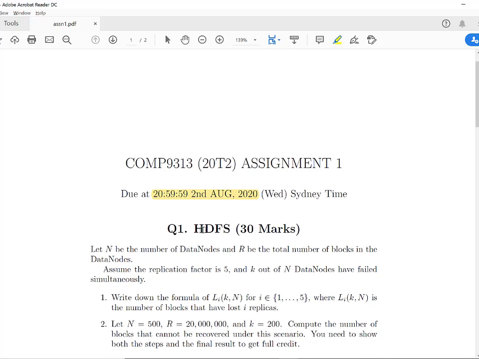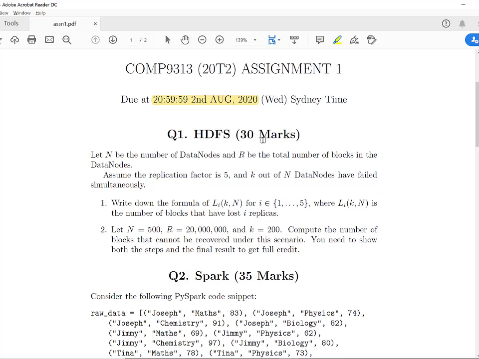All right. So for the assignment questions, I'm going to try to clarify a few things, as I've seen questions and discussions in Piazza over the past couple of weeks. The first question is about HDFS.